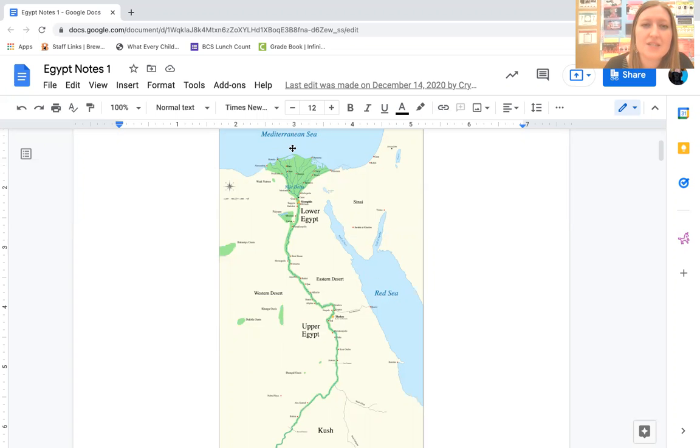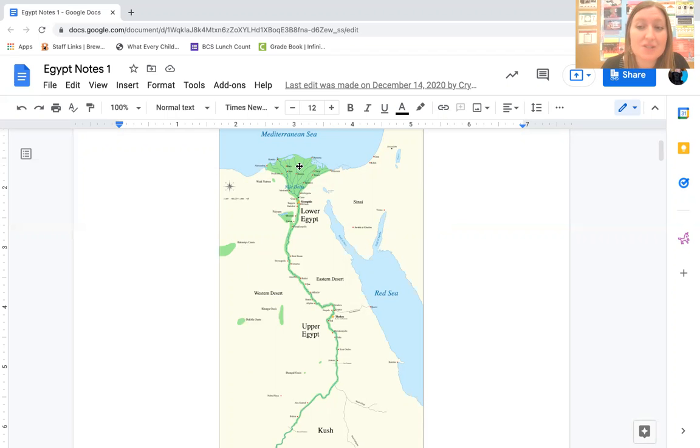All right. So we're looking. A couple of things you probably see. The Nile River with its many, many branches is blue. All the green that you see are splotches of fertile soil. So these are good places to farm.